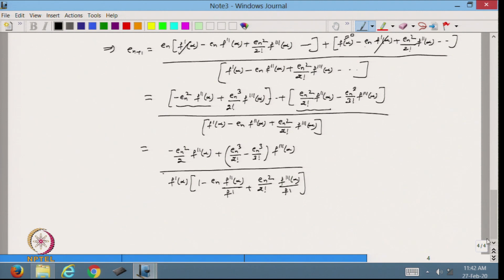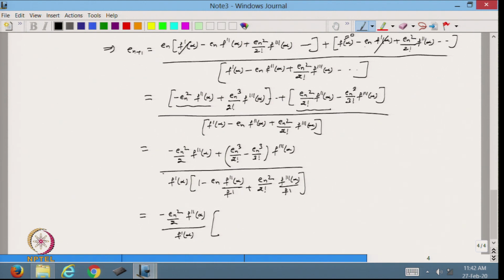So, this can be written as, now what I do is that I will take En square by 2 f double dash alpha from the numerator and f dash alpha from the denominator. I take this as a common. Okay. So, if I take this common, what will I get?